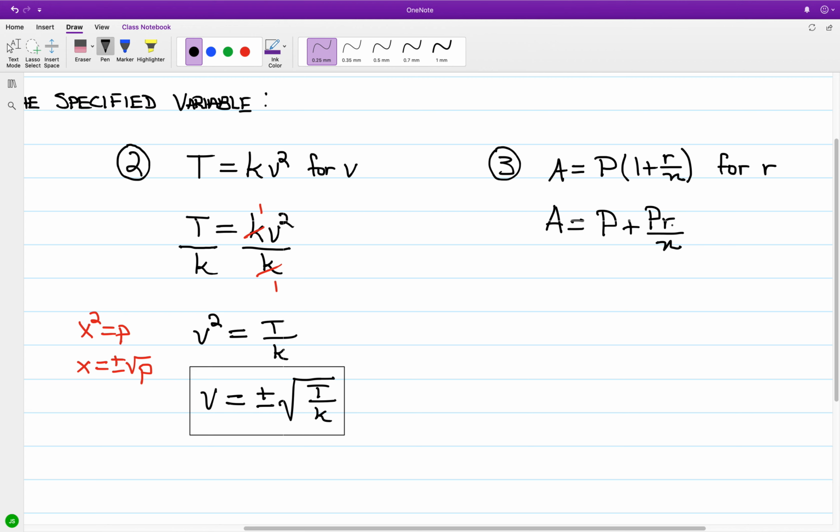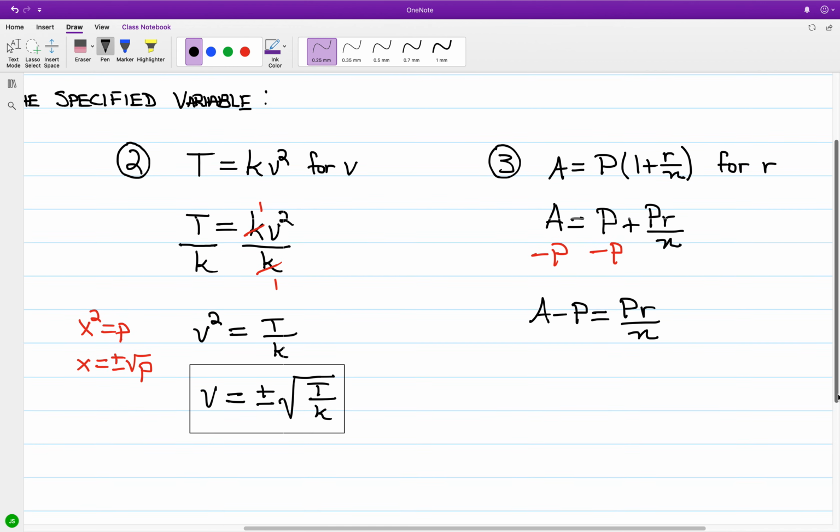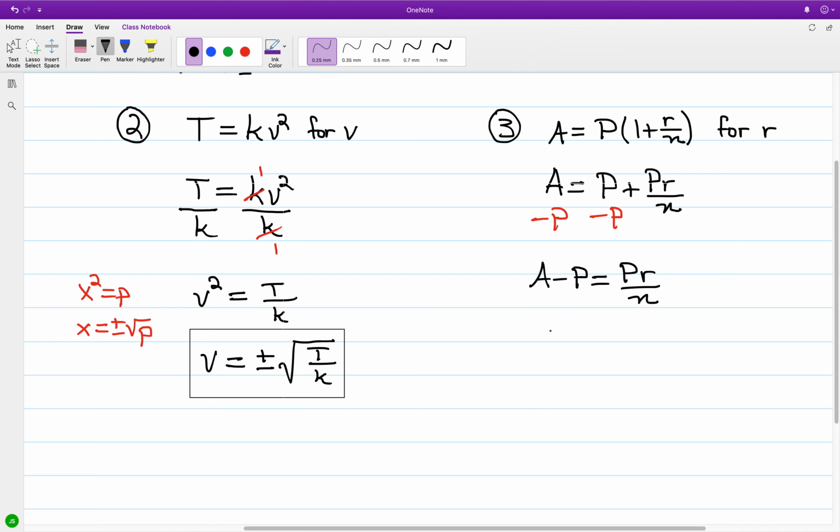I'm still looking at solving for r, and if I isolate the term that consists of r, I can take away the P at the front, and for the rewrite, I have A minus P is equal to P times r over n. With A minus P is equal to P times r over n, I can multiply by n and divide by P.